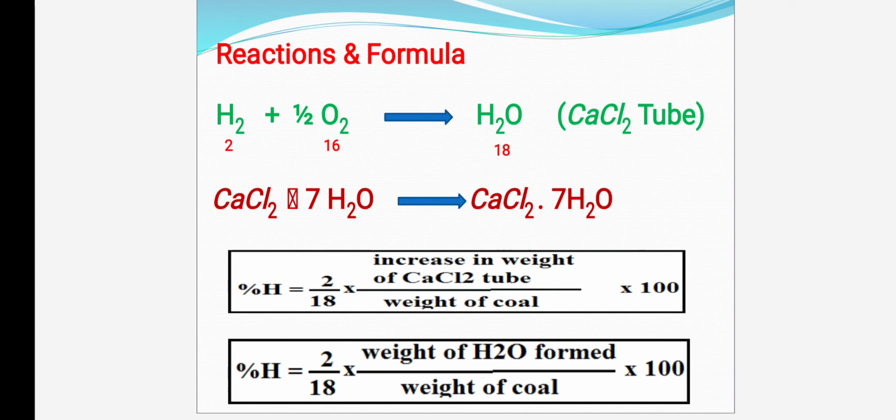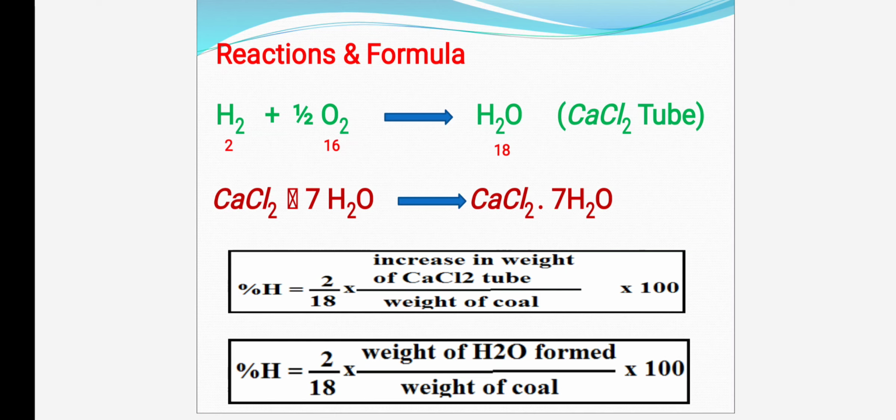Now, the produced H2O, who absorbs it? Produced H2O is absorbed by CaCl2. In the second reaction you can see CaCl2 plus 7H2O. Actually the plus is not visible due to some error, but the plus is there; it is not a cross, multiplication is not there. CaCl2 plus 7H2O, what do we get?